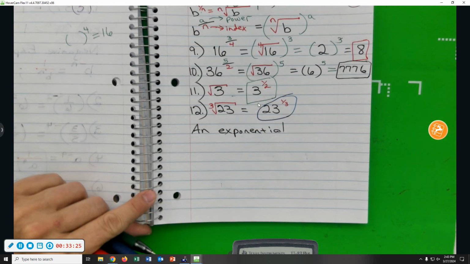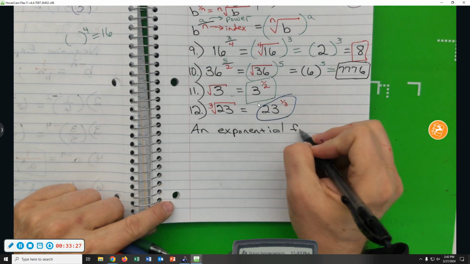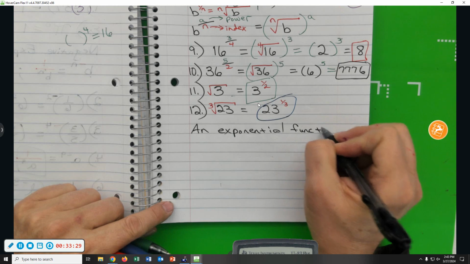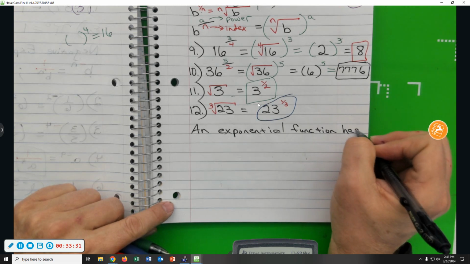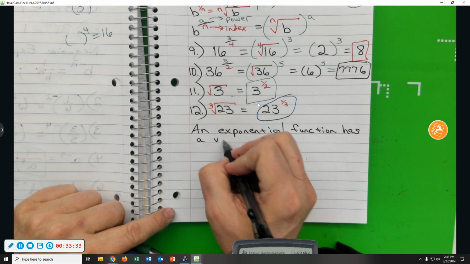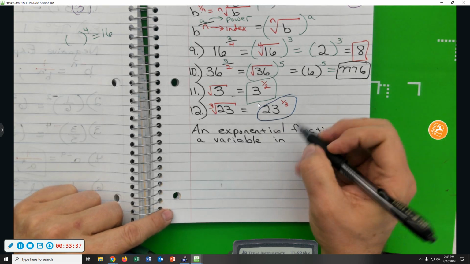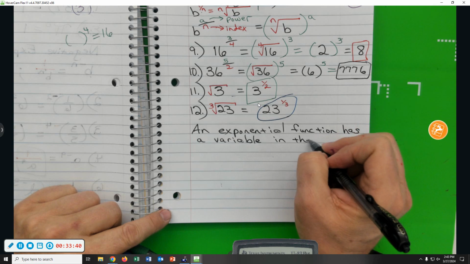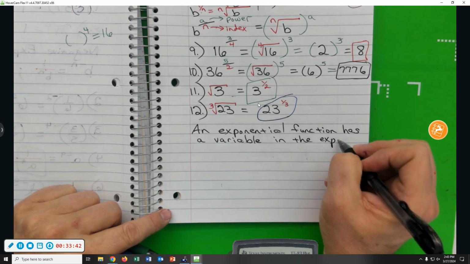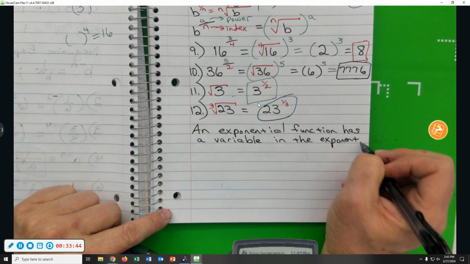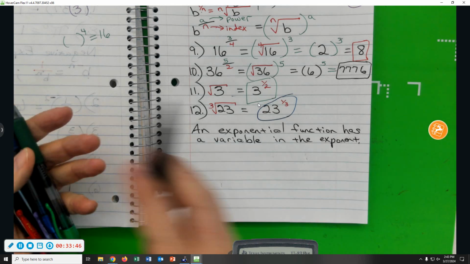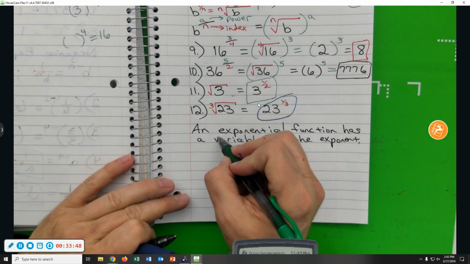An exponential function has a variable in the exponent position. That's what's different. We're going to be seeing exponents in the variable.